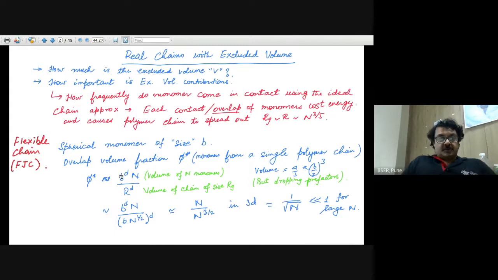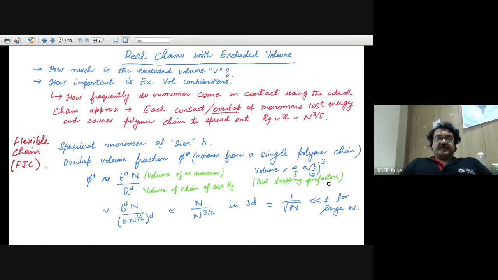This is the volume of one monomer, times n, the number of monomers, divided by R to the power d, where R is the average size of the entire polymer chain. This is an estimate of the pervaded volume, which goes as R to the power d; in 3 dimensions, R cubed. Again, we are dropping prefactors, right?